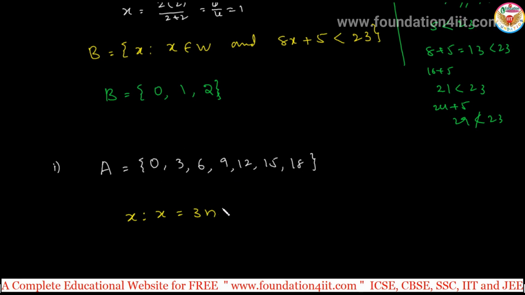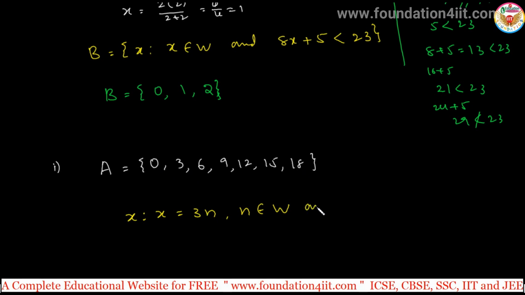So if you multiply 3 into one number, you are getting this. But n is from where to where here? Here n belongs to whole numbers, because when you keep 0 in the place of n, first you get 0. In the place of n, 1, 3 into 1 is 3, 3 into 2 is 6, and so on until 18. So 3 into 6 is 18. So the n value must be less than or equal to 6, 6 also included.